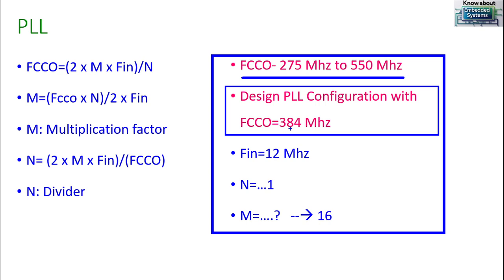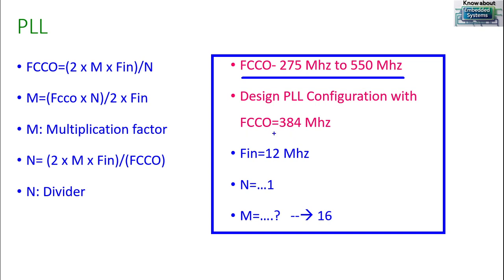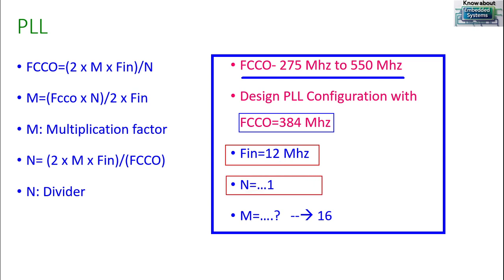To design this 384 megahertz, I have to configure some important parameters such as F input. F input is nothing but the input crystal frequency, the external crystal frequency. I'm taking 12 megahertz because we're supplying a 12 megahertz clock to the microcontroller from the external. And the dividing factor I'm taking as 1.